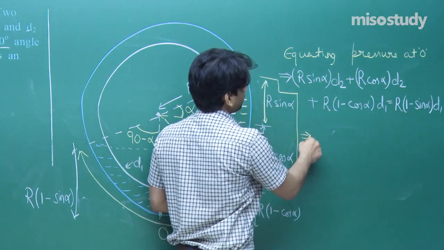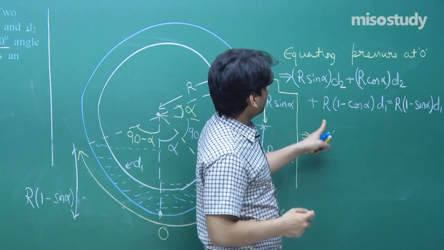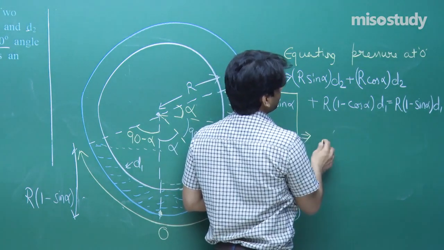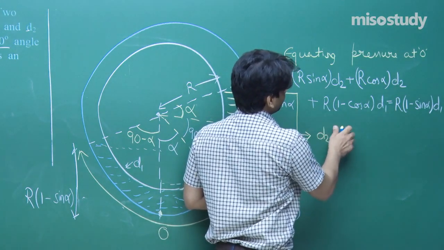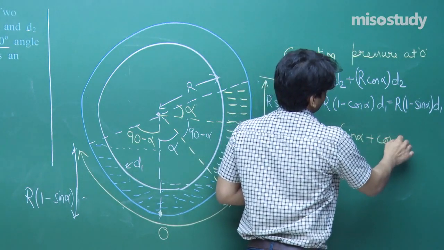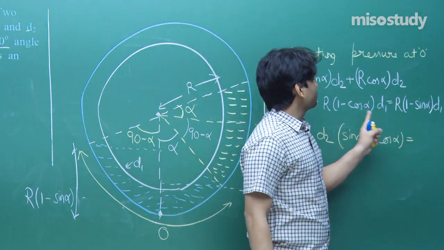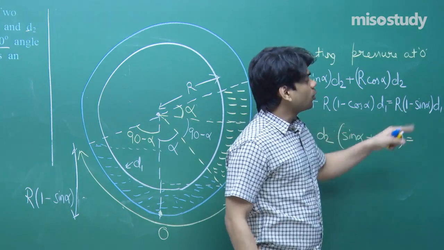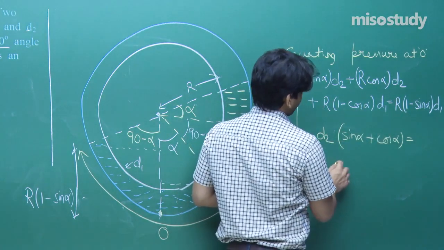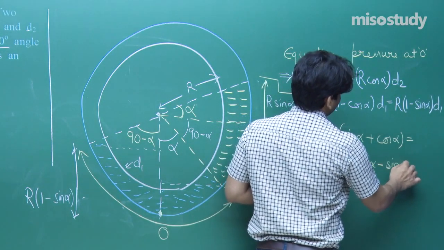From here onwards, let's go ahead. R sin α·D2 plus R cos α·D2, and here you have D1 and D1. If I take D2 as common and R will be cancelled out, we'll have D2(sin α + cos α) is equal to, R is cancelled out, D1(1 − cos α), if it goes here, you see 1 and 1 will be cancelled out, you will get cos α − sin α.